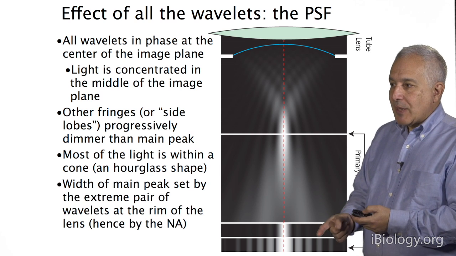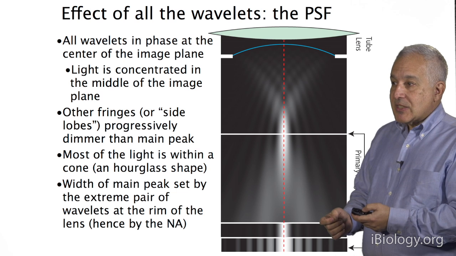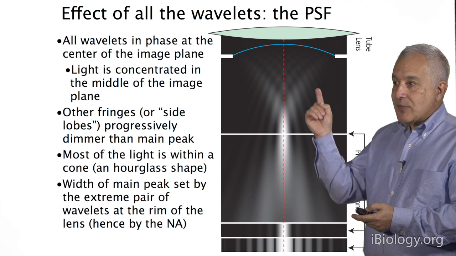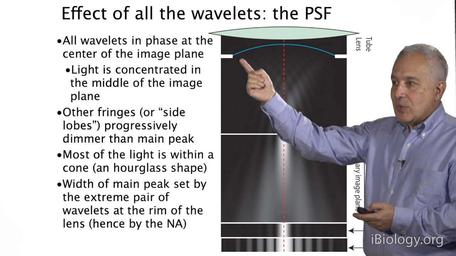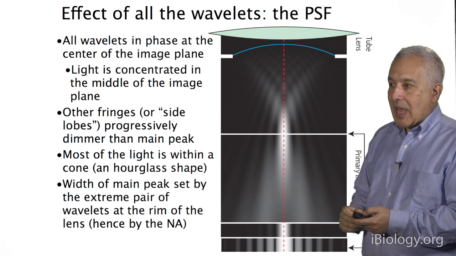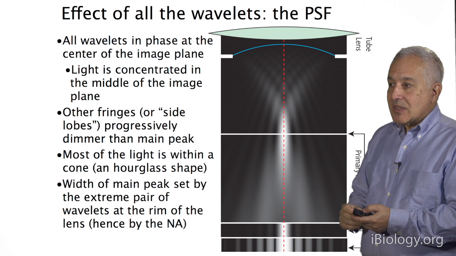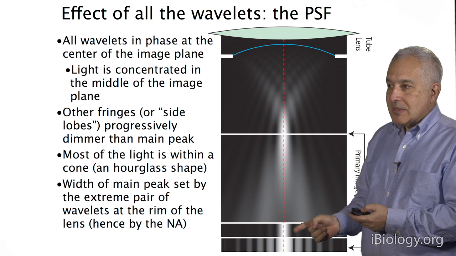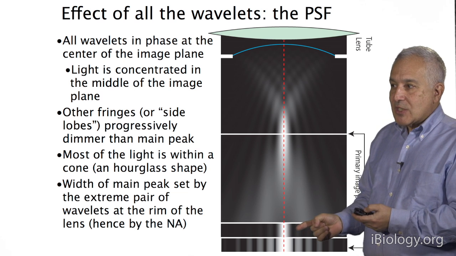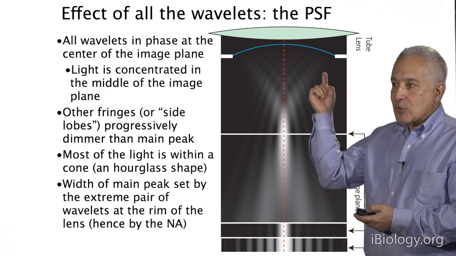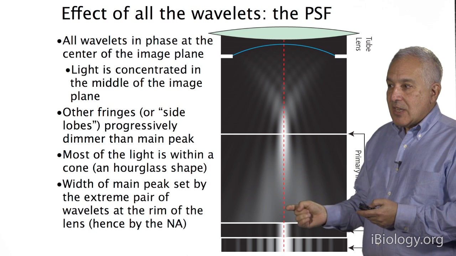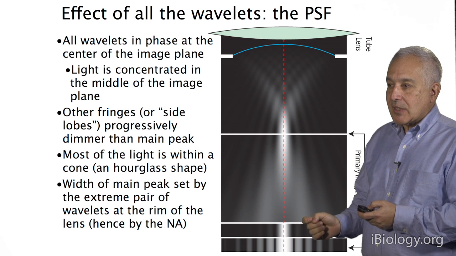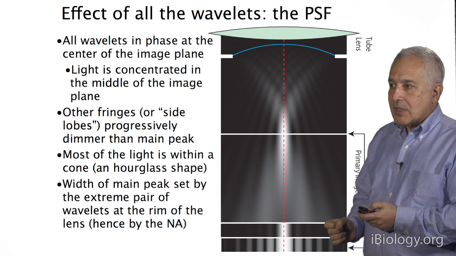The width of the main peak is set by the extreme wavelets, the 2 on the 2 ends of that spherical cap, and that is set by the numerical aperture. So the size of the image for a very small point is related to how far apart those wavelets are. The farther apart they are, the more focused this object is, and that's why the numerical aperture is essential.